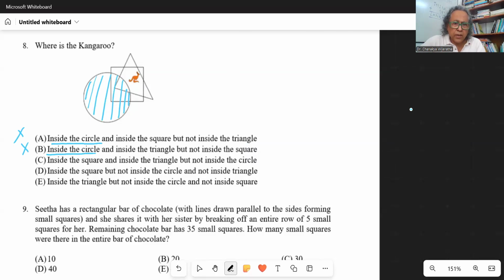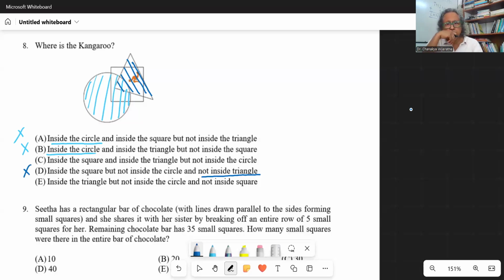Okay, now is it inside the triangle? So let's paint the triangle in dark blue, and you can see that the kangaroo gets painted. So he is inside the triangle, right? So not inside the triangle can't be correct. So what about the square? Is it inside or outside the square?